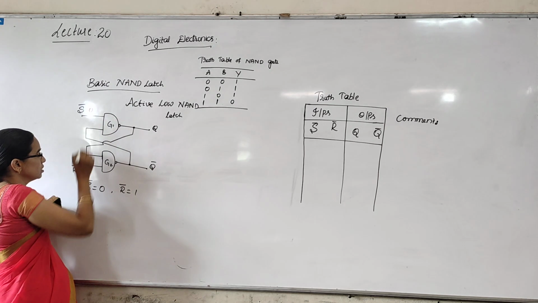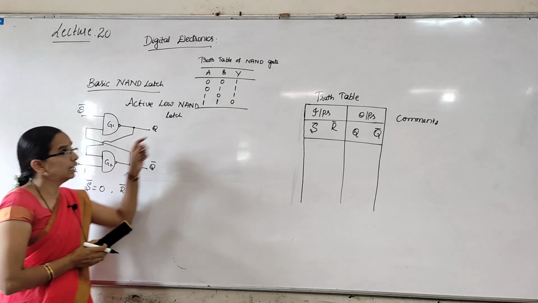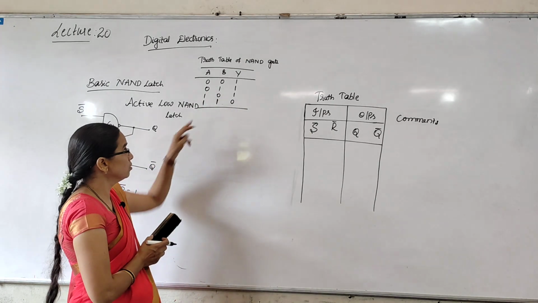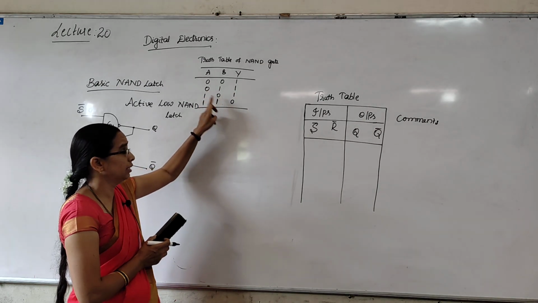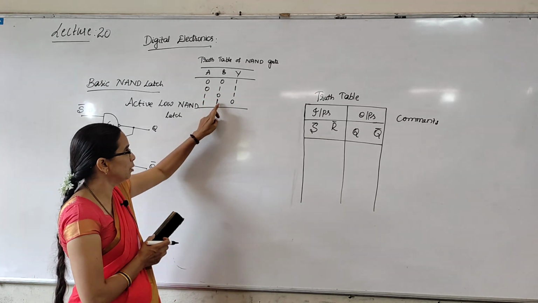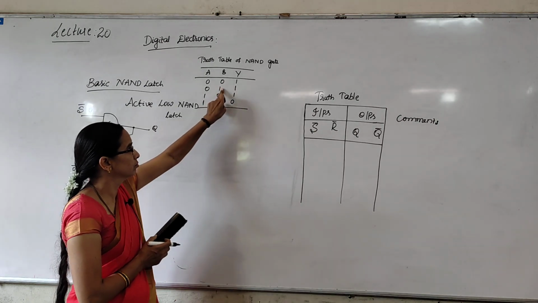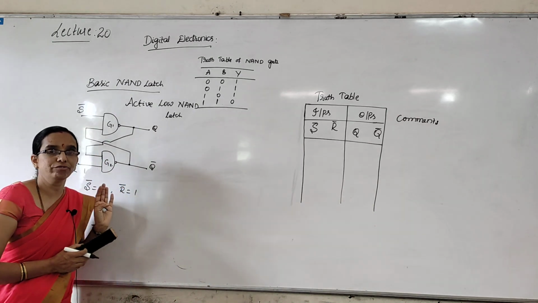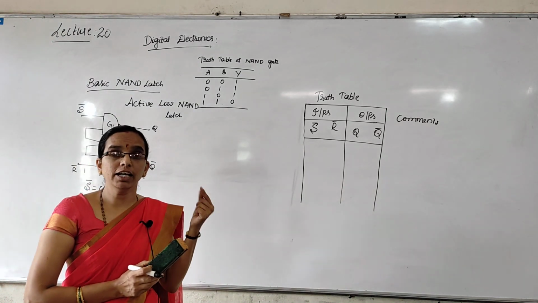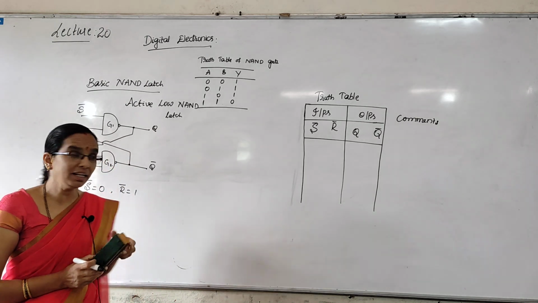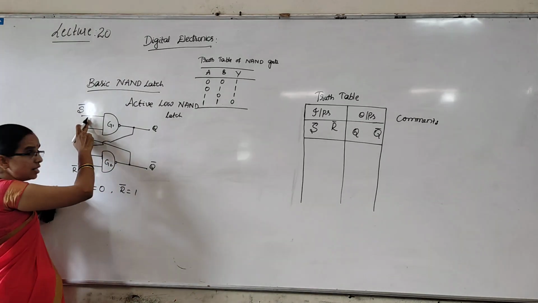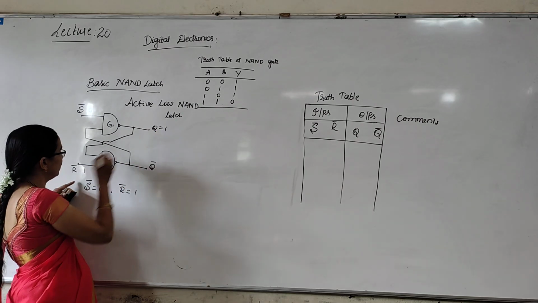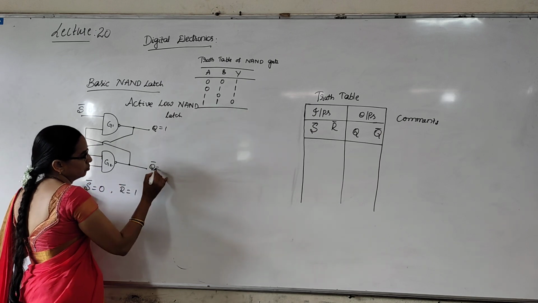I do not know what Q and Q bar are, but from the NAND gate truth table, if any one of the inputs is 0, then the output is high. What is the definition of NAND gate? If any one of the inputs is low, then the output will be high. So, S bar is 0, obviously Q goes to 1.